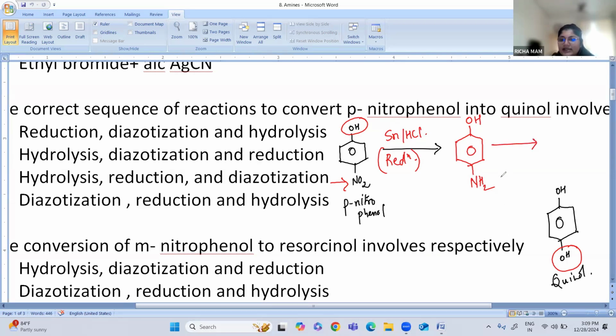Next step. Now you know what diazotization is. Whenever you have an amino group, you can do diazotization on it using sodium nitrite and concentrated HCl. When sodium nitrite and concentrated HCl react, I am going to get nitrous acid.